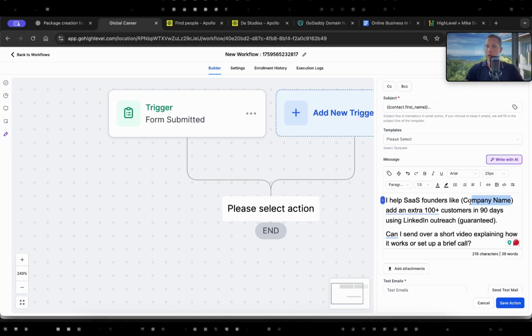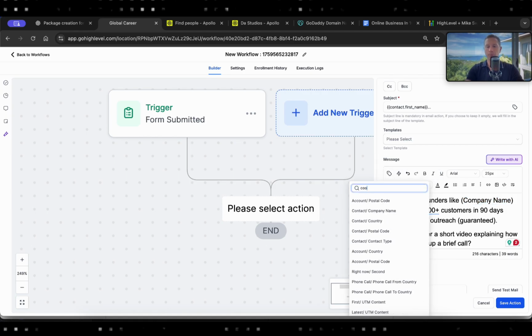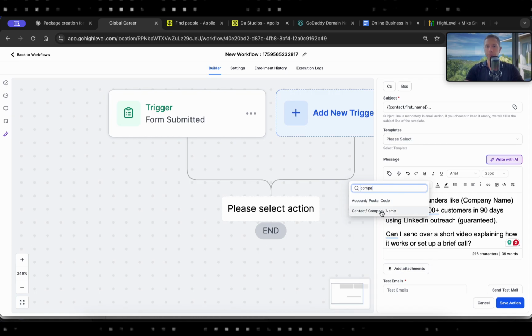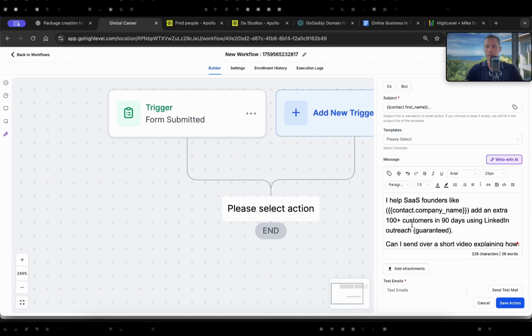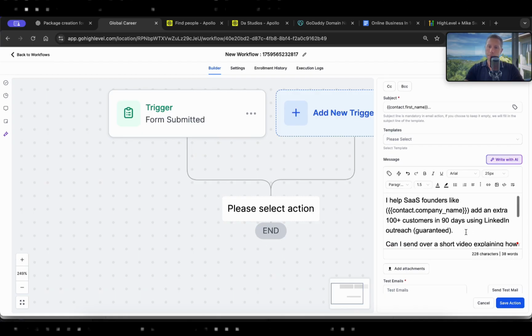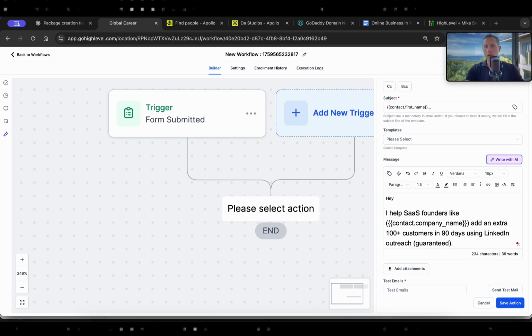And so the cool thing here is we can actually insert a tag so we don't have to manually type the company. And we need to make sure we add a hey.